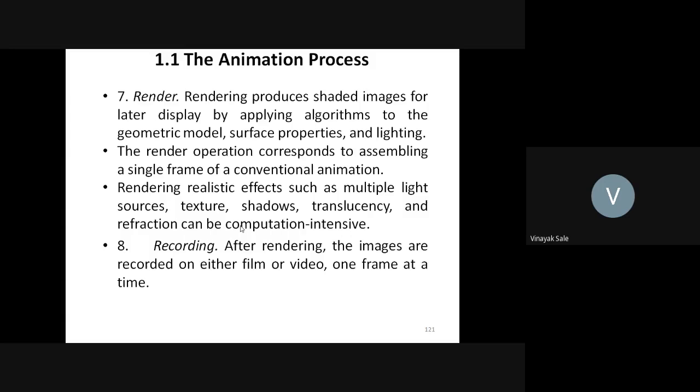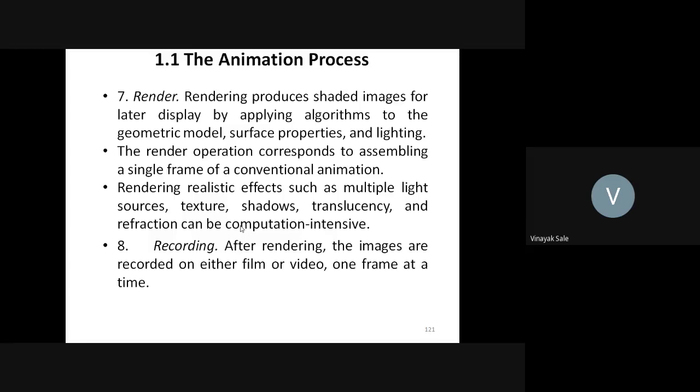Next is render. Rendering produces shaded images for later display by applying algorithms to the geometric model, surface properties and lighting. The render operation corresponds to assembling a single frame of conventional animation.